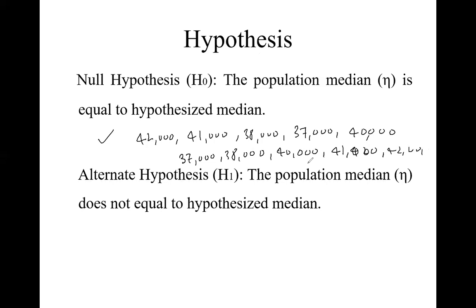So what is the median value? The middle value. So the population median is 40,000. If I say this is my population, it's a population median of 40,000 that is equal to the hypothesized median.